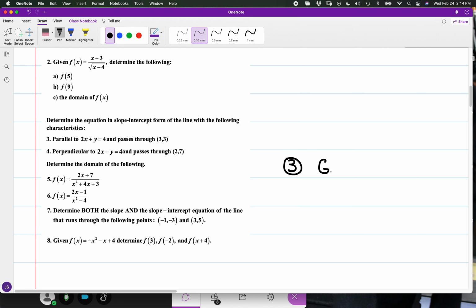So in the setup, we have for the given line 2x plus y is equal to 4.